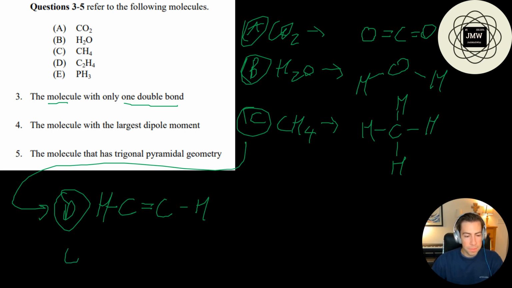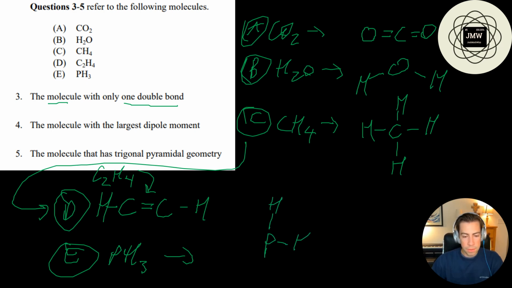And then our last one is going to be this structure here: phosphorus with 3 hydrogens. Sorry, hang on, I forgot to draw this one. Goes to there. All right, and this one's just going to be phosphorus with, again, the 3 hydrogens.